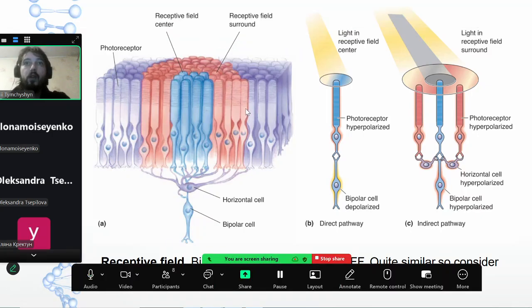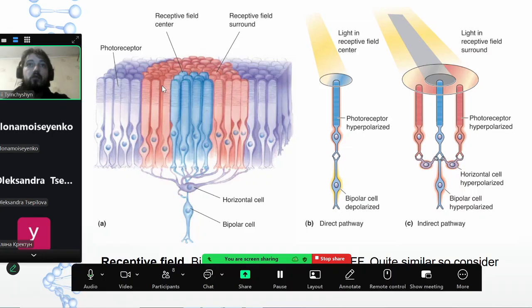And here you see that it's not like one photoreceptor is connected to one bipolar cell and sending some signal to the brain. Not at all. They are collected in a pretty interesting structure. Some of the photoreceptors that come from the receptive field center are connected to this bipolar cell.